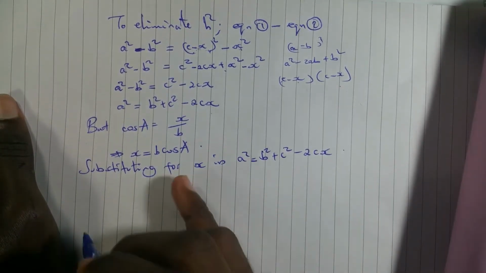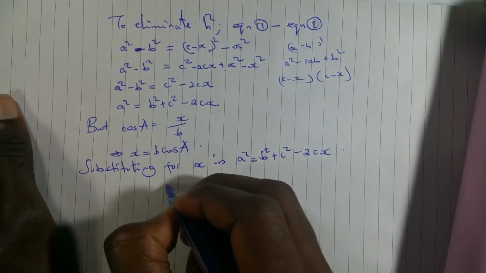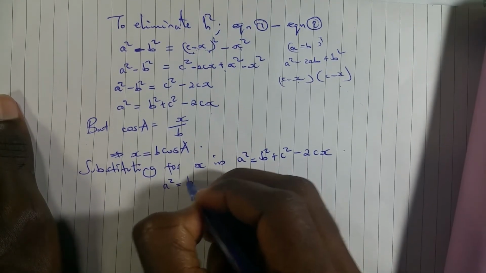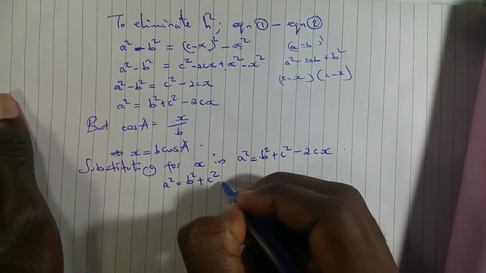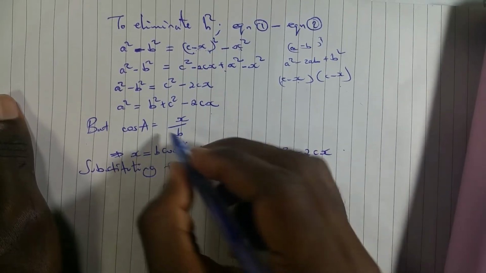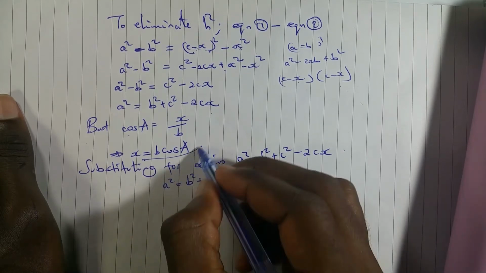That means if we put this x here, we're going to remain with a squared given by b squared plus c squared minus 2c, and now our x is b cos a here.